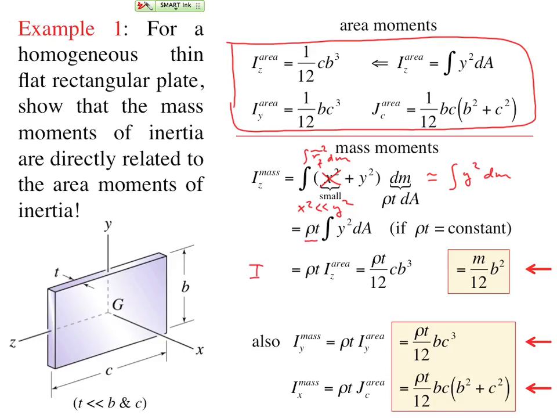This gives us the critical relationship that the mass moment for a thin plate is related to the area moment by this product of density and thickness.